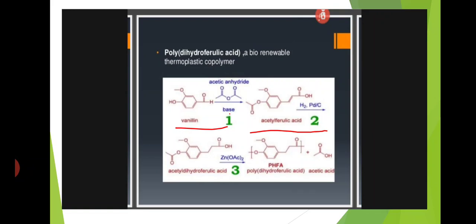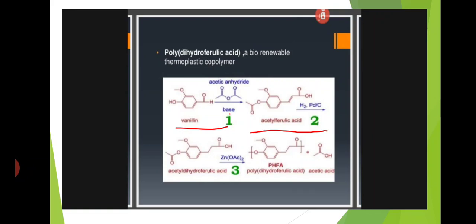And last is polydihydroferulic acid. This dihydroferulic acid is a renewable thermoplastic copolymer. It is prepared from vanillin. Vanillin reacts with acetic anhydride in the presence of base and forms acetyl ferulic acid.